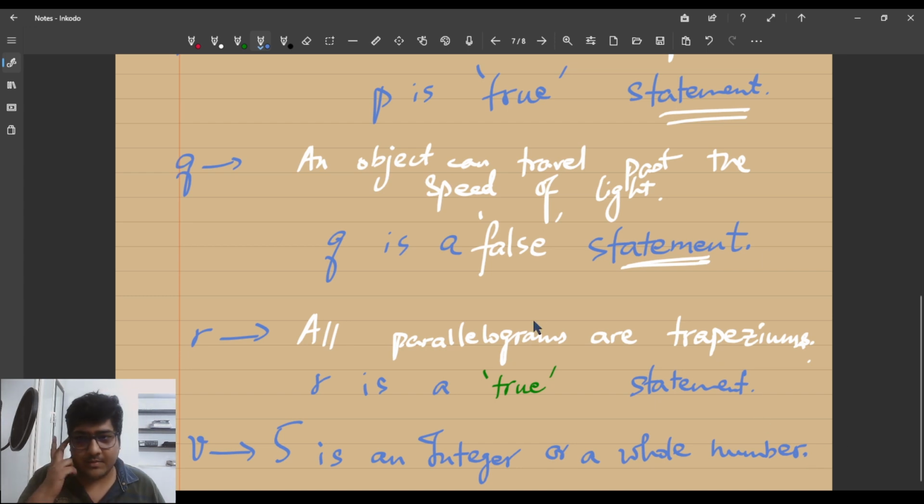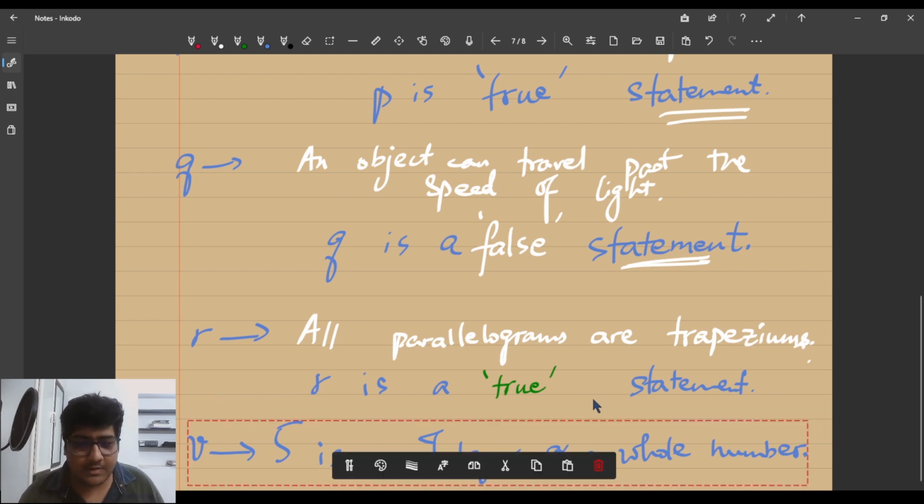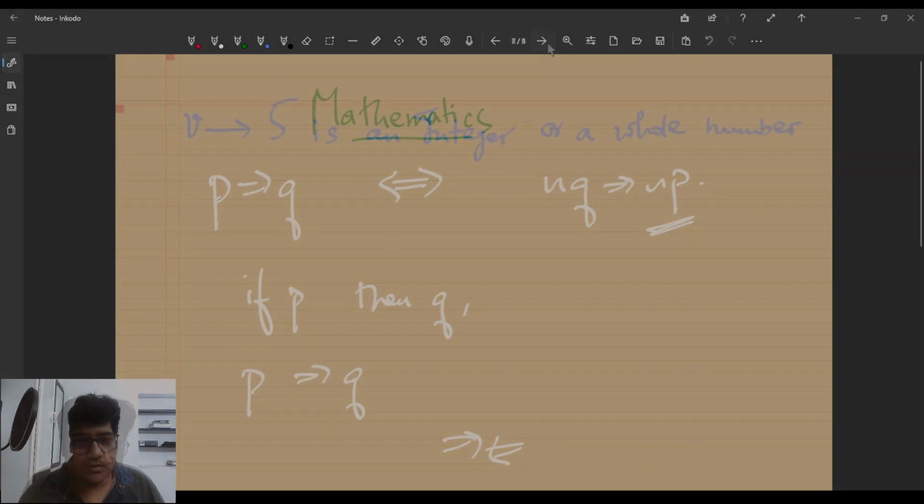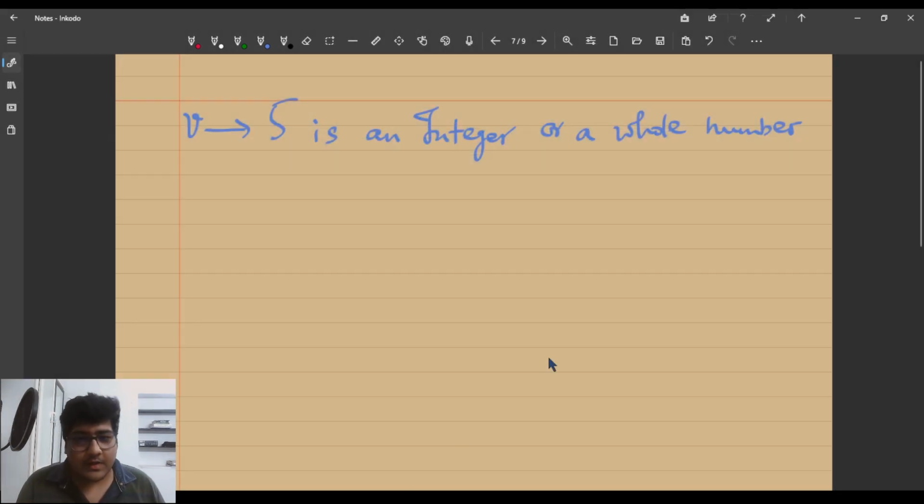This is my new sentence. We'll have to figure out if it's a statement. Let me just go to another screen. Okay, now that we have a new page to work with, let us look at this sentence. 5 is an integer or a whole number. So whether this is a statement or not.